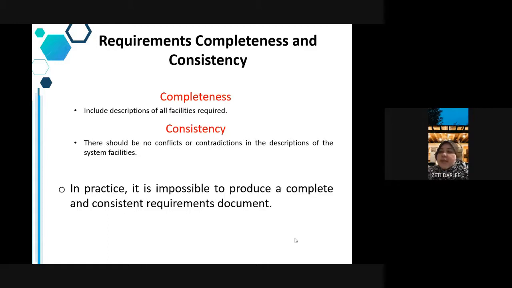So in practice, of course, there are always loops, there are always gray areas, there is always something that is missing, kan? So that's why we always have to check and recheck that what we do is correct.